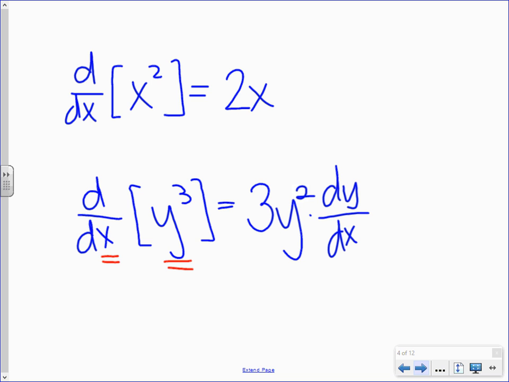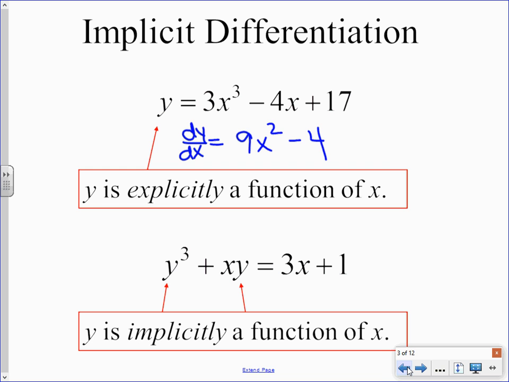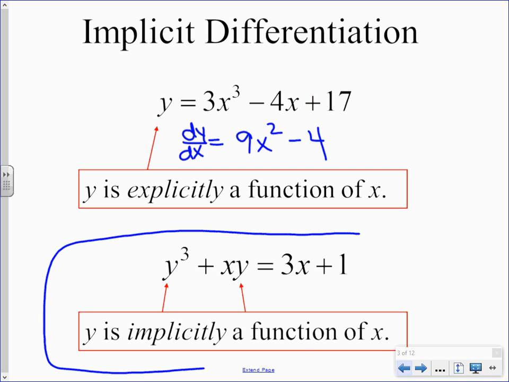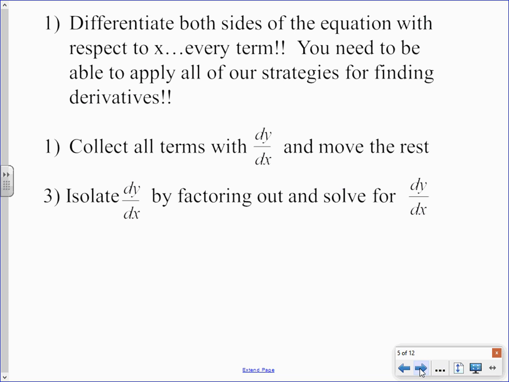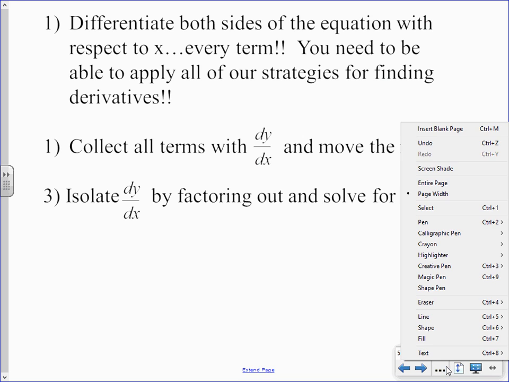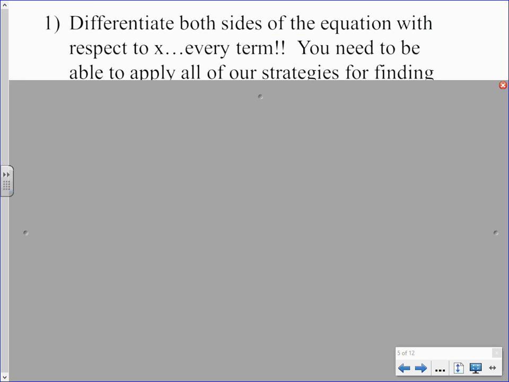Okay. So how are we going to find dy dx when we have something like this? Notice how we have more than one term with a y in it, which means we could potentially have more than one dy dx in our derivative when we take it. So this is what I'd like you to do when we take the derivative of an implicit function.